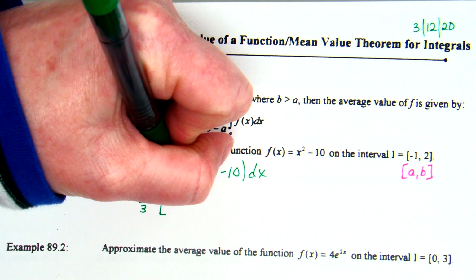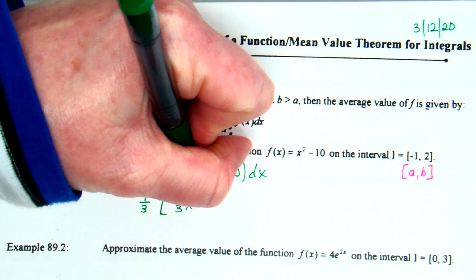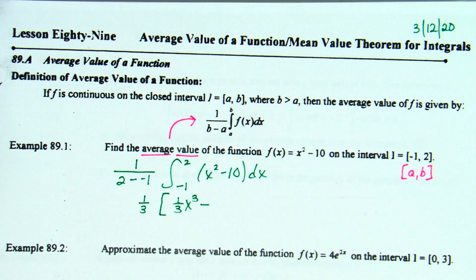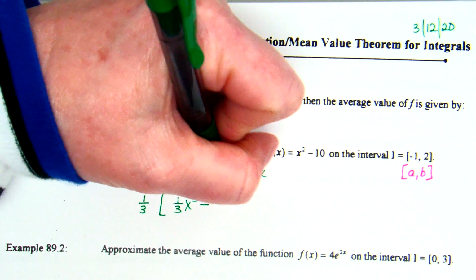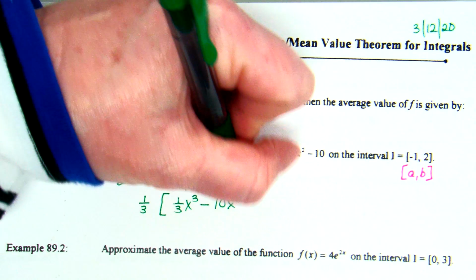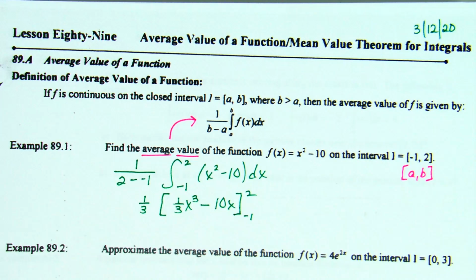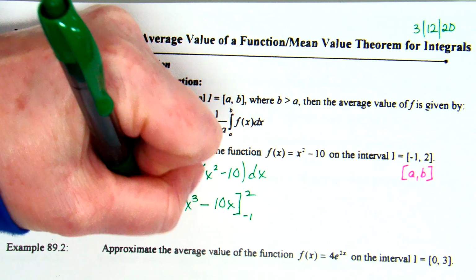So whichever way you put it, 1/3 x cubed or x cubed over 3, minus the integral of 10, 10x, evaluated from negative 1 to 2. This 1/3 out front, my recommendation is keep it out front. So at this point, are we just plugging it in?